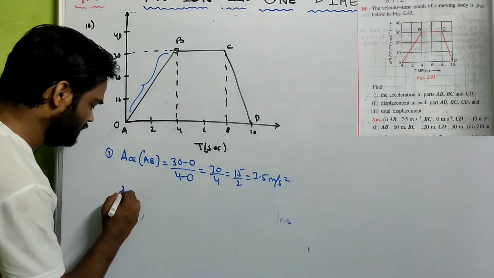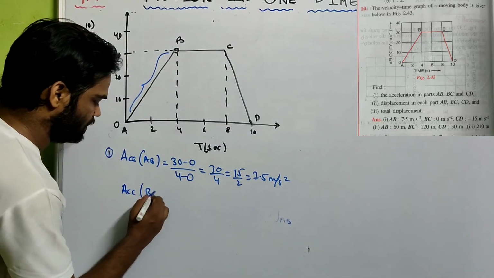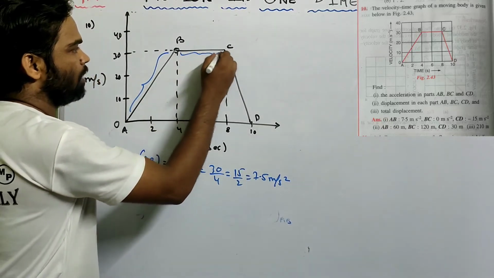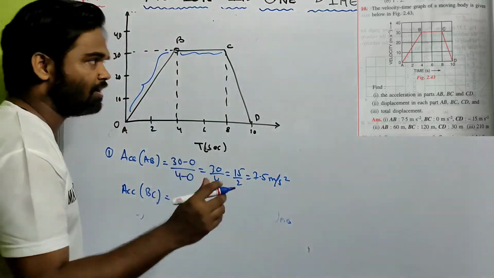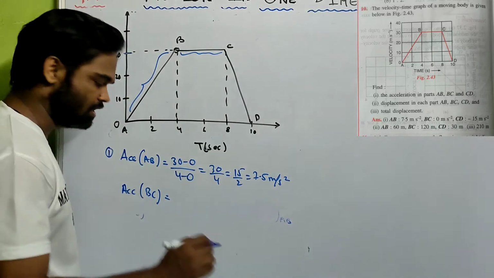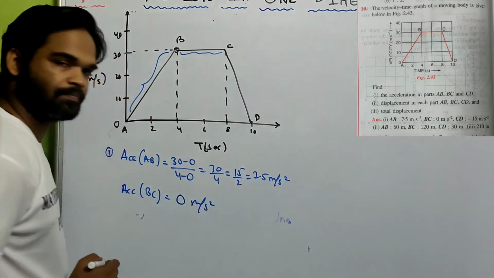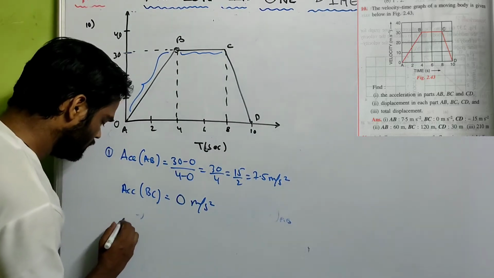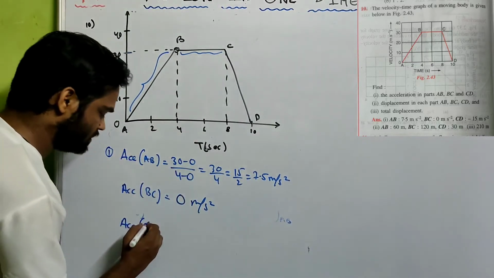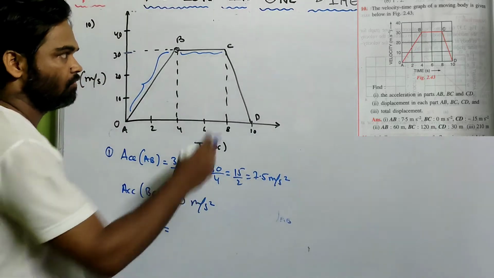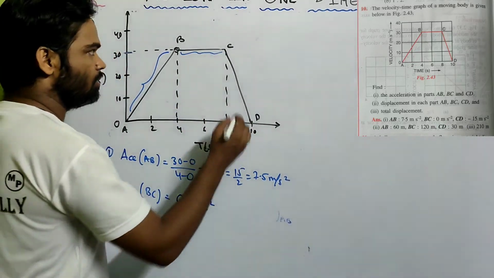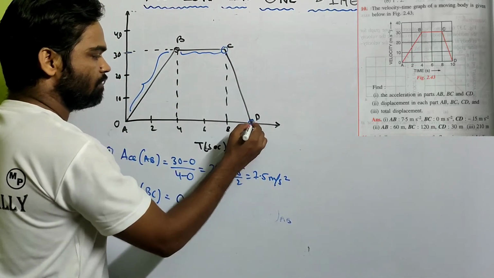Then in the part BC, acceleration in the part BC. Now for this part, the body is moving with uniform velocity. The velocity is not changing, which means the acceleration will be 0 meter per second square. Done. Then the acceleration in the part CD. For the part CD, the final velocity is 0.